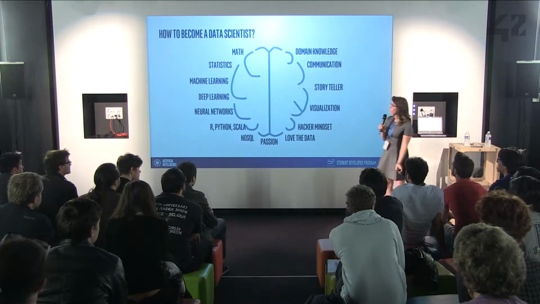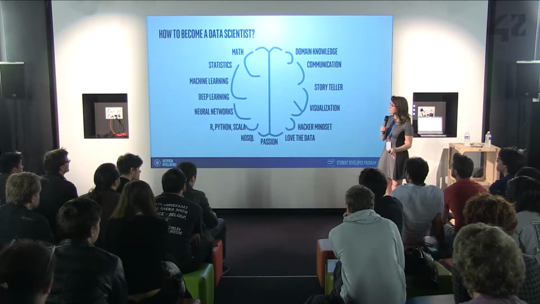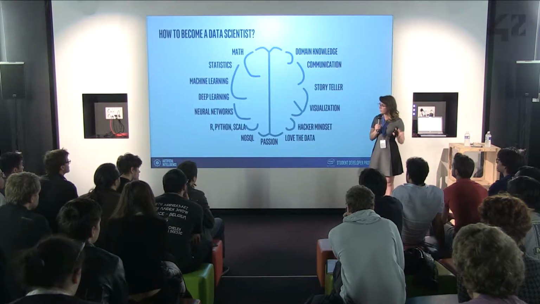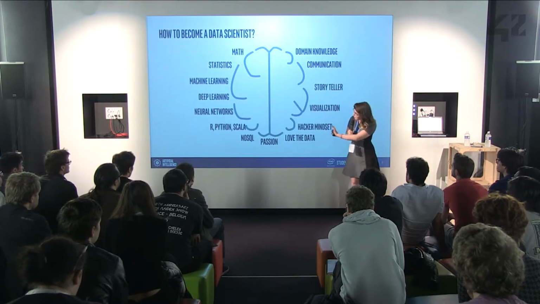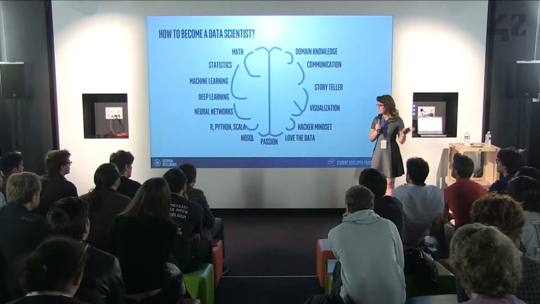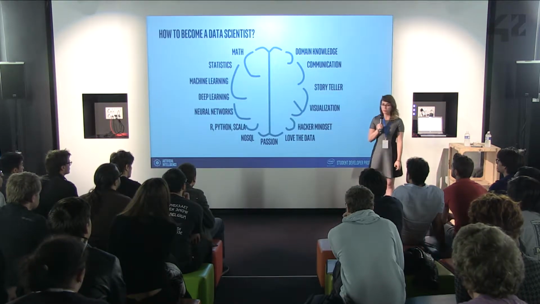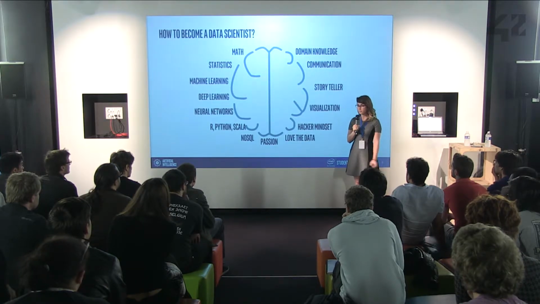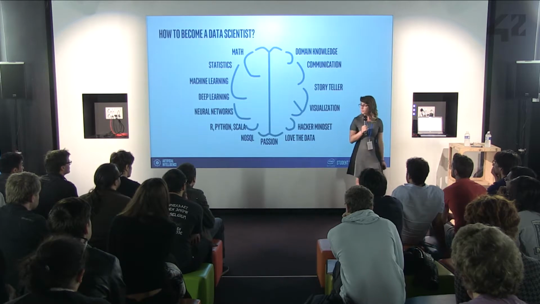So what do you need to be a data scientist? Obviously you need some hardcore things like Python and R, which are programming languages, not that new, but a little bit. You need a very solid background in mathematics, specifically in statistics.